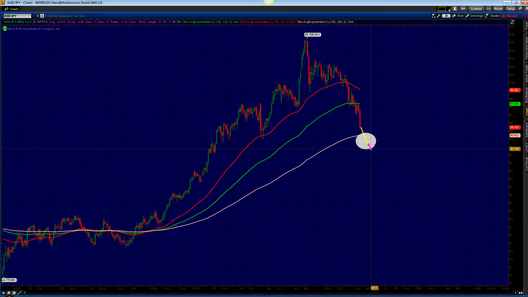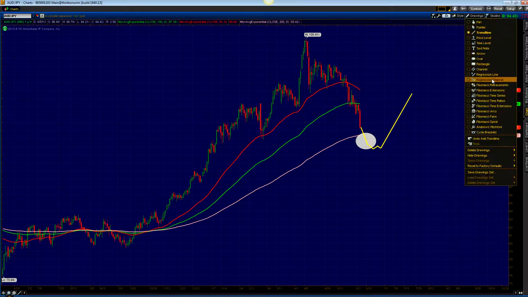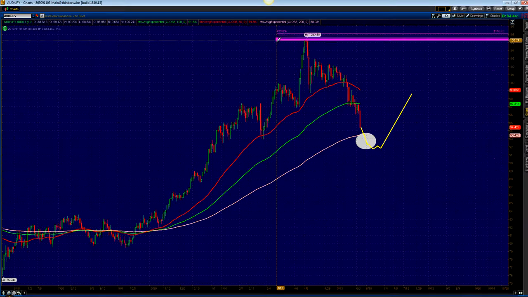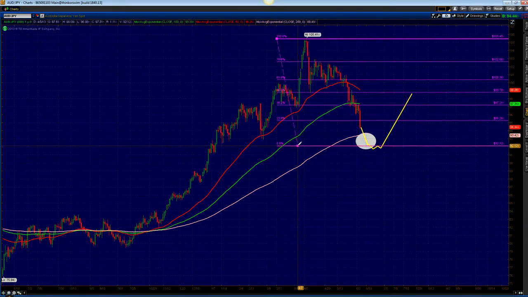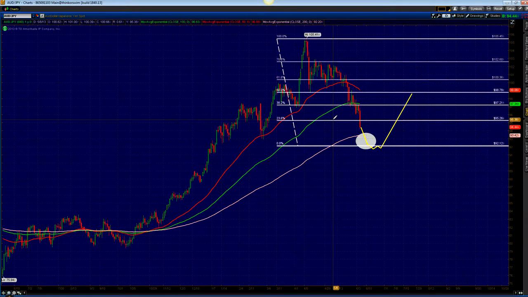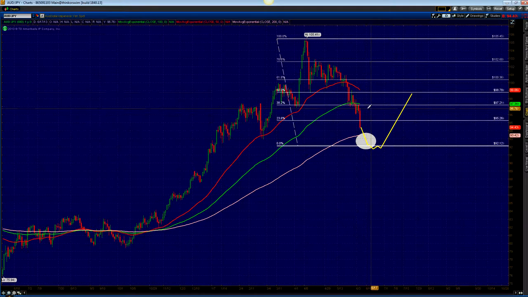All right, so let's say that we get down here. Let's say we put in some sort of reversal pattern, chop around down here for a little bit, and then head higher. Where would I start to look to sell? All right, so we do have some significant moving average levels that we're going to want to keep an eye on. Obviously, those are dynamic levels, so it'll be easier to judge where they're going to be coming in from when we get there.